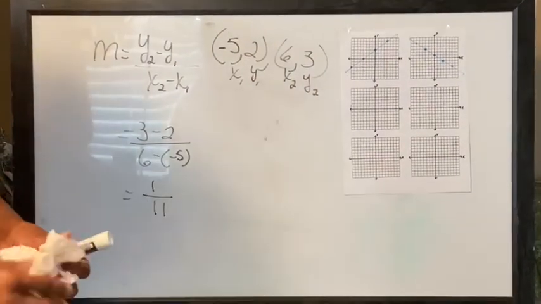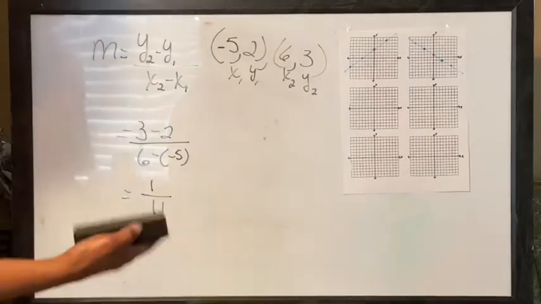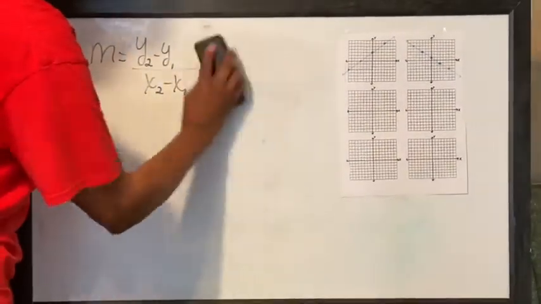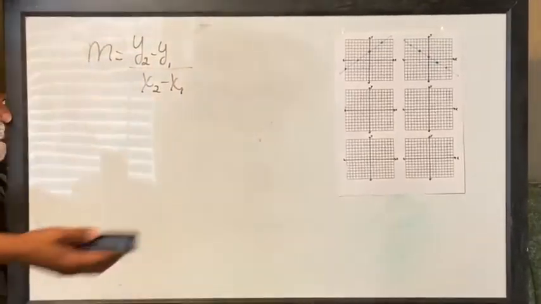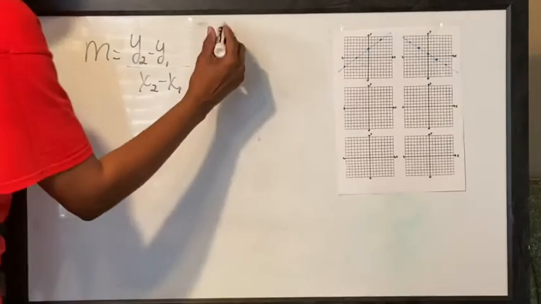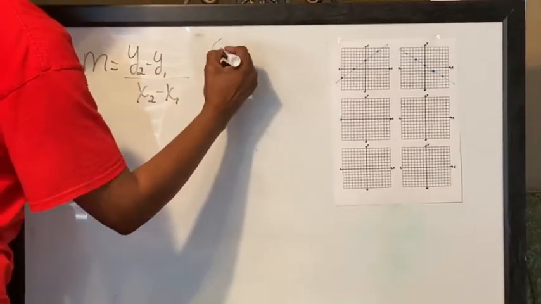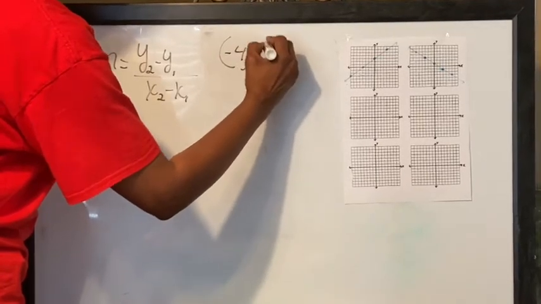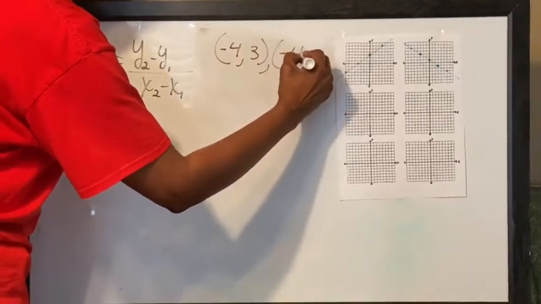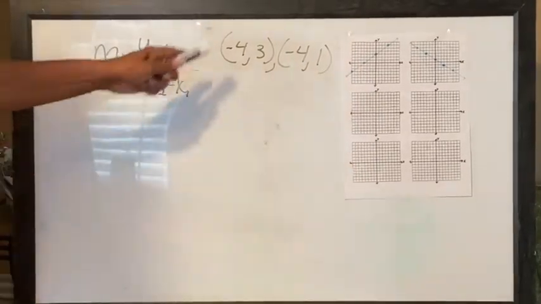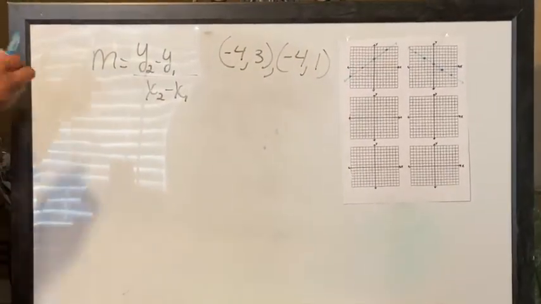Now on the next example, I'm going to do two ordered pairs. And before I do the work, I'm going to graph the line. So if I had the ordered pair -4, 3, and the ordered pair -4, 1. Now I'm going to graph these 2 points because I want to show you something.